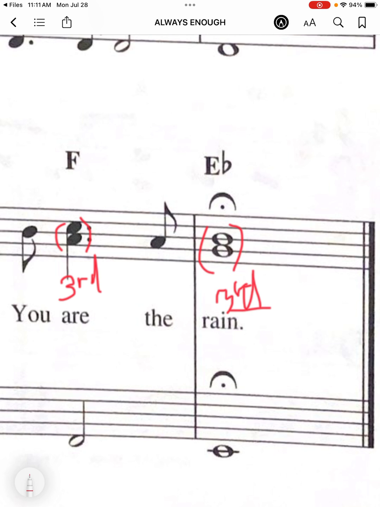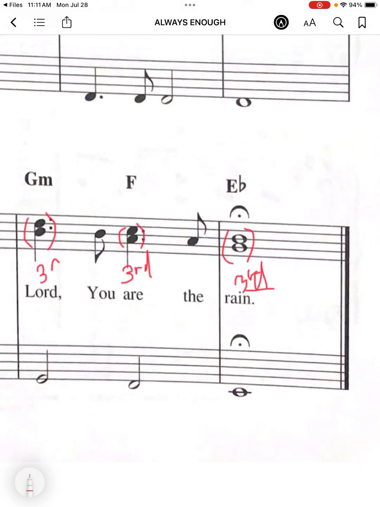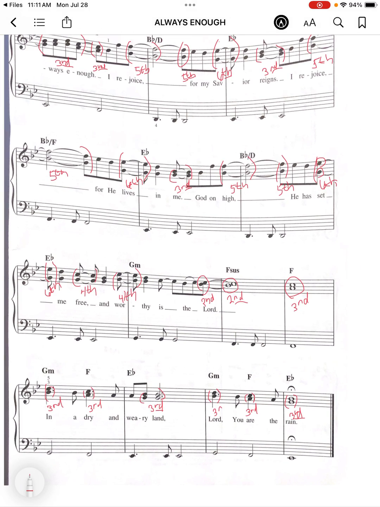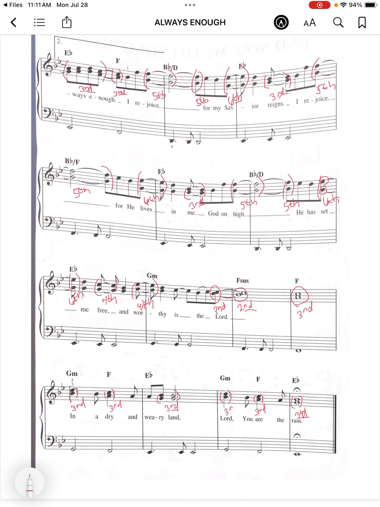So intervals, no matter how you see it, the definition is always going to be the same. So what I just did in this example was to figure out the distance between two notes. I know when I was in percussion, we did that with mallets. But in the piano case, you're not going to have mallets per se. You're going to have something called fingers.